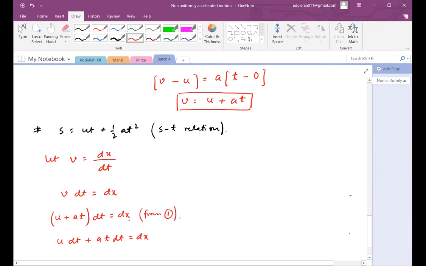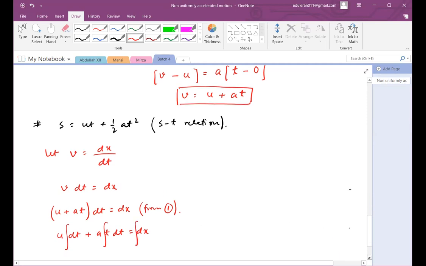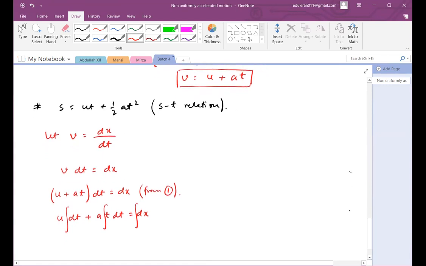Is it clear till this part? Yes, sir. Now integrate each term to get the final displacement. Now to define this integration, we have to take limits. Let's say at time 0 seconds, it will have displacement 0, and at some later time t, it will have displacement s.